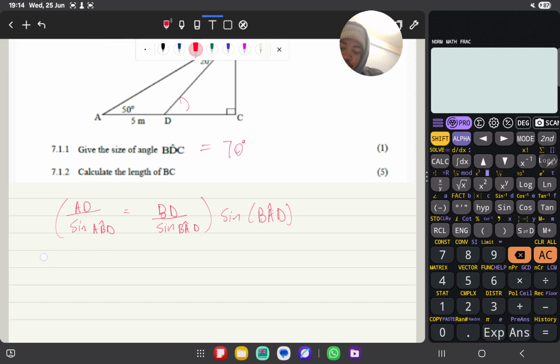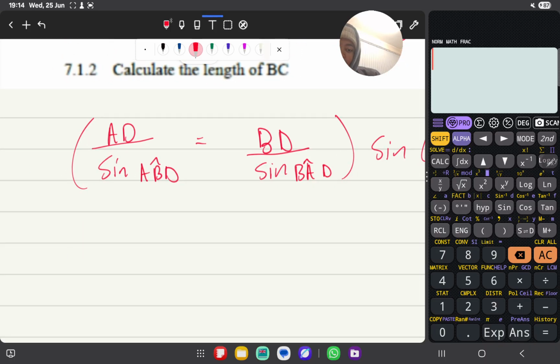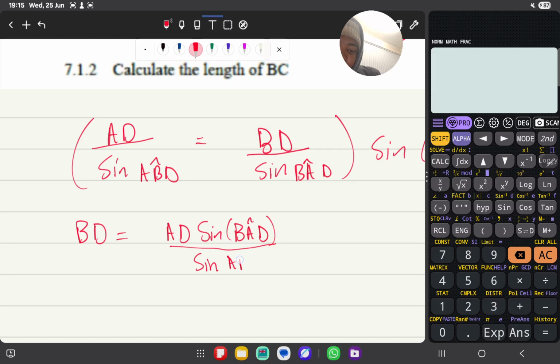When you do that, the answer you get is BD equals AD sine BAD divided by sine ABD.